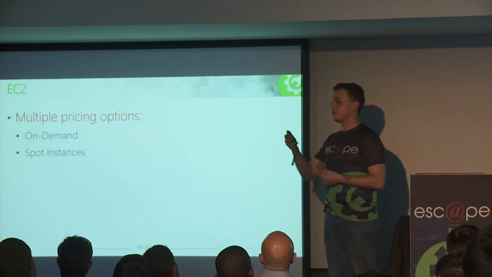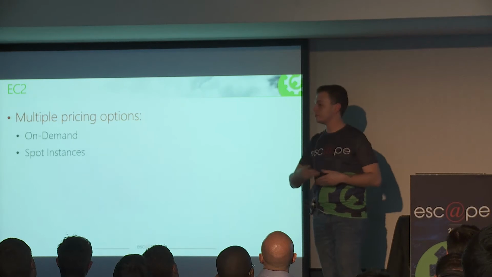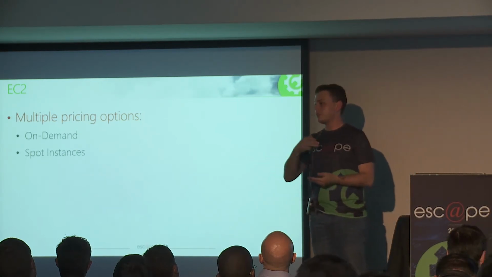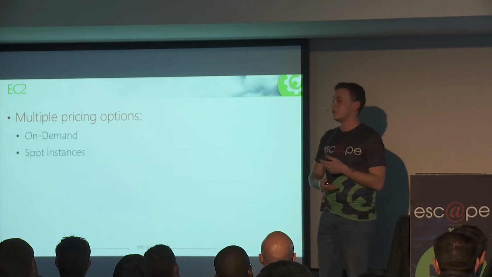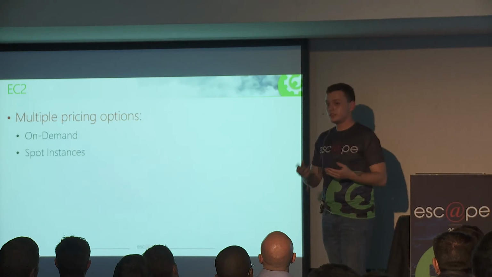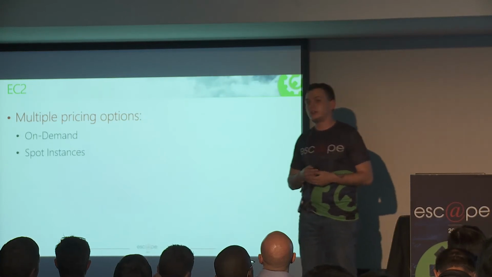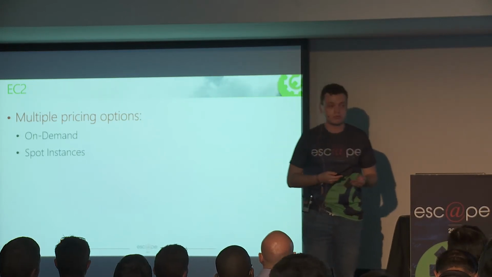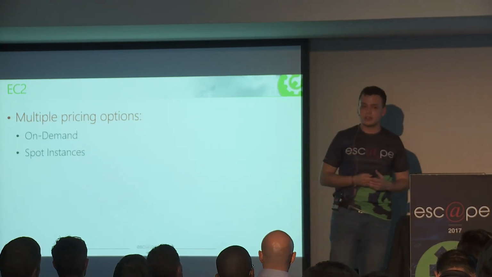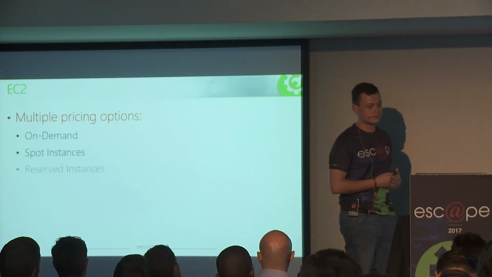And if your bidding price is above that market price, then that machine is yours to use to your heart's content. But if your bidding price falls below that market price, then they actually take that machine back. This is very, very applicable to something if I want a large amount of computational capacity at very low cost, and my applications have flexible start and end times.